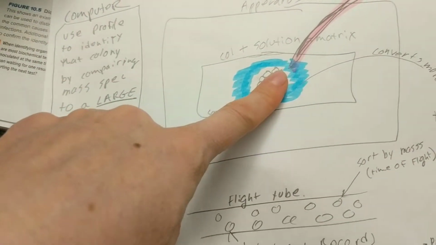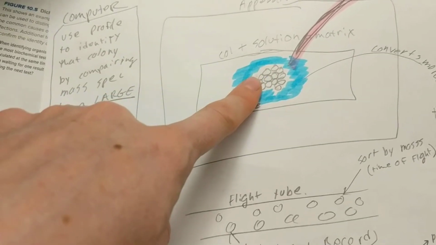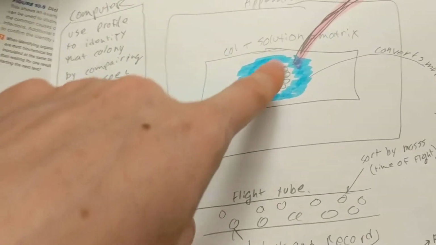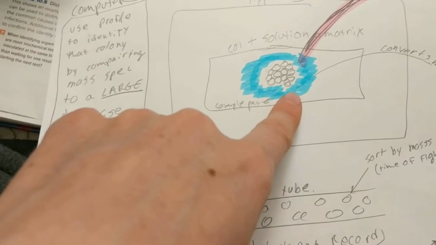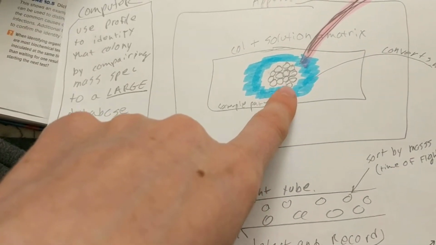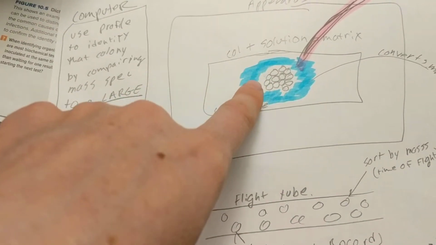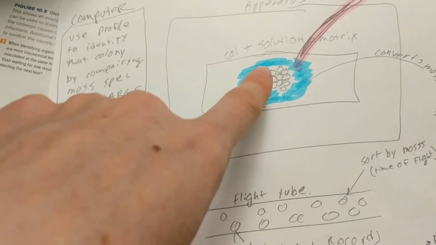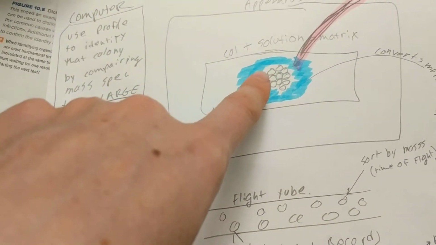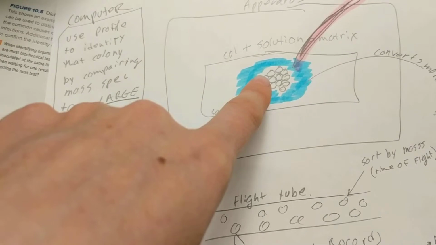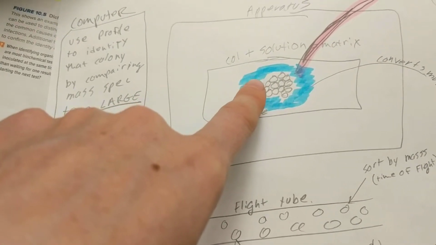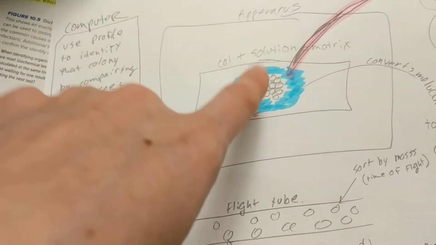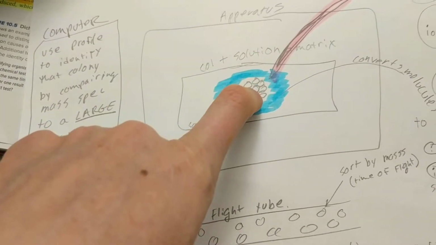That laser beam is hitting that sample plate with that matrix, okay? And that laser beam is a treatment. And what it does is it both converts molecules to a gaseous state and it ionizes them. So not only is it a gas, it's an ionized gas, okay?